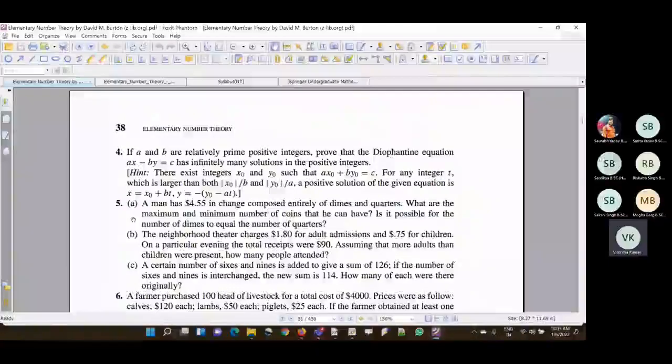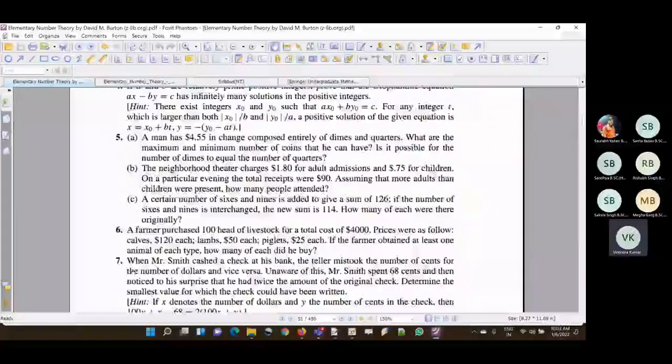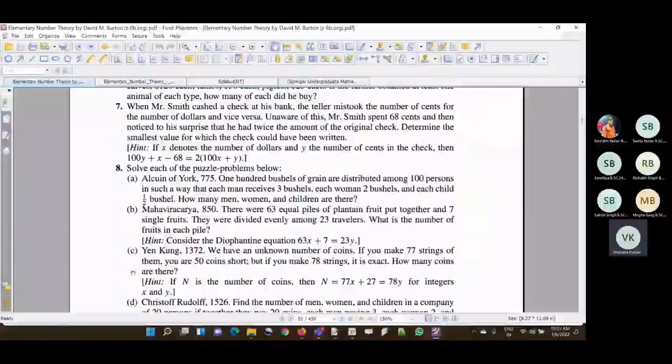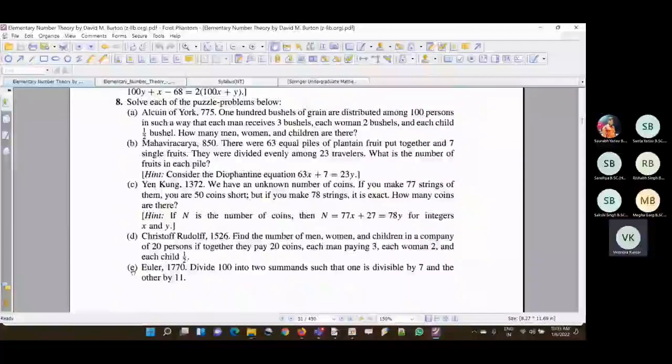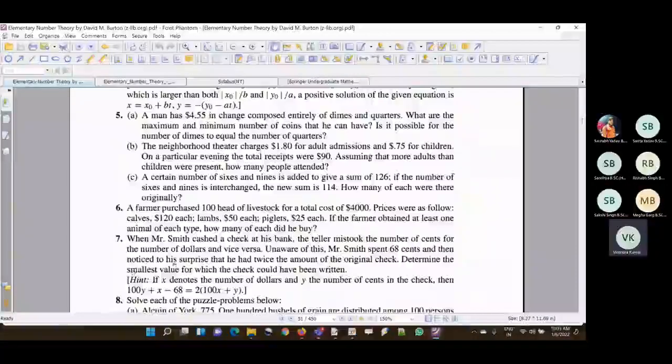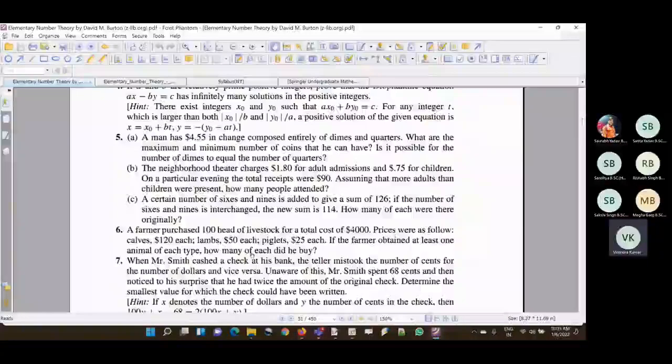Then question number 5, 6, 7 and 8. They are word problems. You can read them and try to figure out what question you are going to get, and then you can solve. We have done one question yesterday.